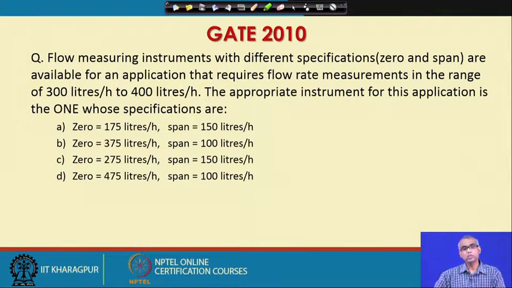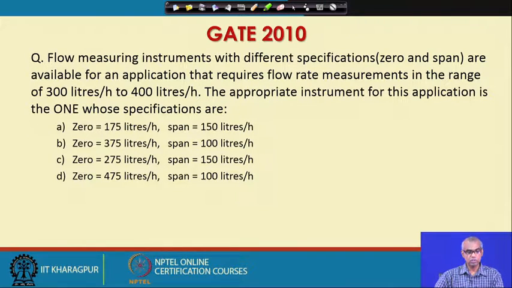Let us move on to the next question in year 2010. Flow measuring instruments with different specifications, zero and span, are available for an application that requires flow rate measurements in the range of 300 liter per hour to 400 liter per hour. The appropriate instrument for this application is one whose specifications are: Option A, zero 175 liter per hour, span 150 liter per hour.